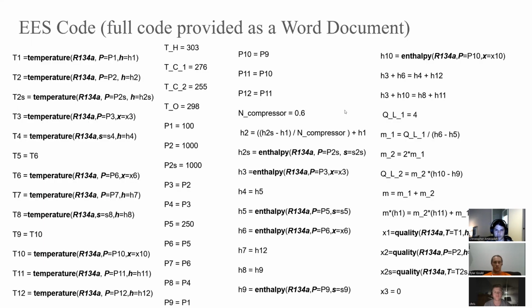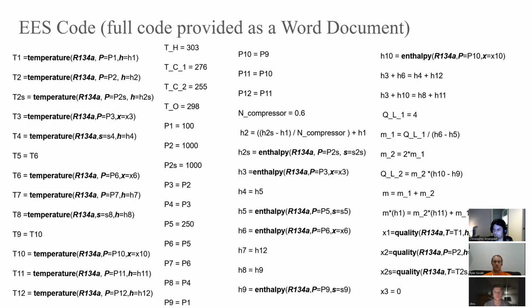Here we have just a copy paste of the code. I'm actually going to go into the code a little bit more and run it to show how we looked at it in EES here in a second. But basically, this code was created systematically by starting from the established values and then using knowledge and assumptions that are known to be true of refrigeration systems to find the other values.